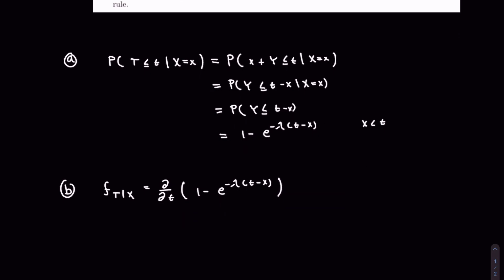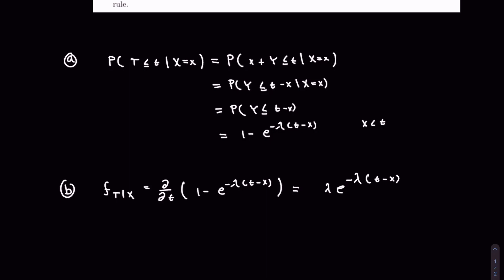And so this is the same thing as e to the minus lambda (t minus x), and now we multiply by minus lambda. And we have a minus there, so we have a lambda term like so.